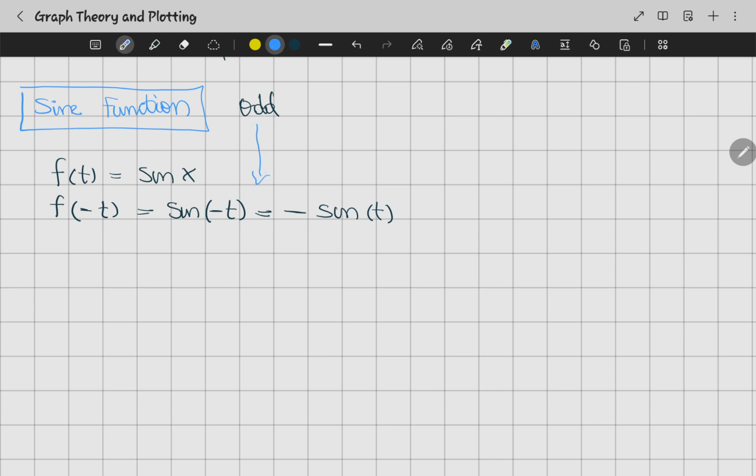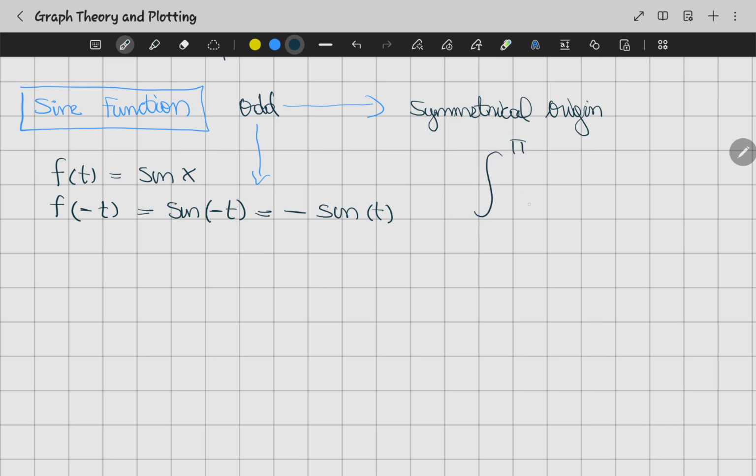Okay, and we do have another condition, which is if. Okay, so now this is what we say symmetrical at origin, and the reason why we say this is symmetrical at origin, we're going to draw for you.